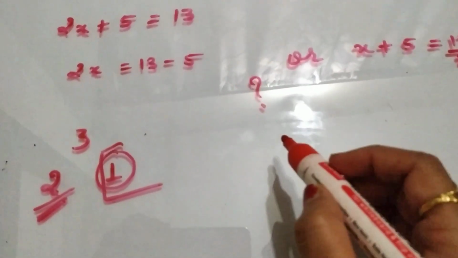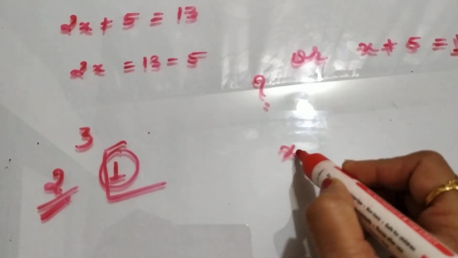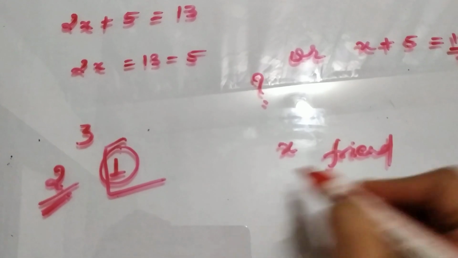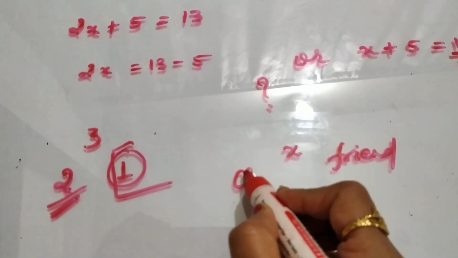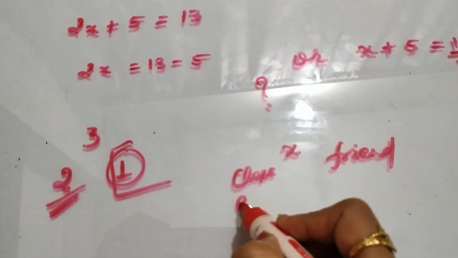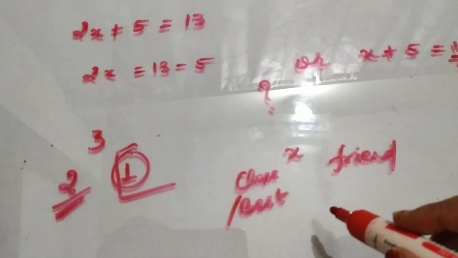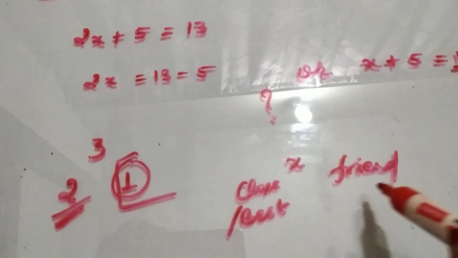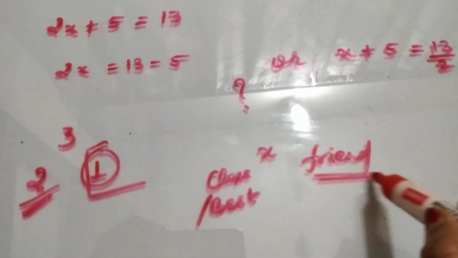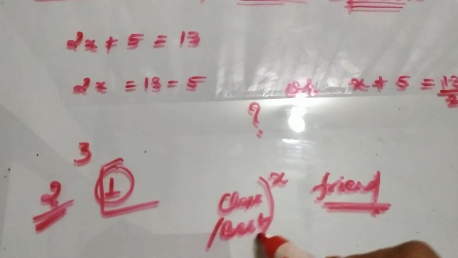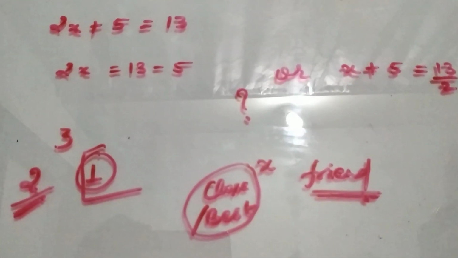Similarly in maths, x has a friend and has a close friend or best friend. That means we part with the friend first as compared to the best friend or close friend.